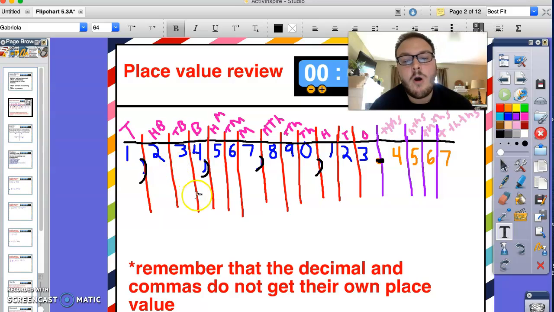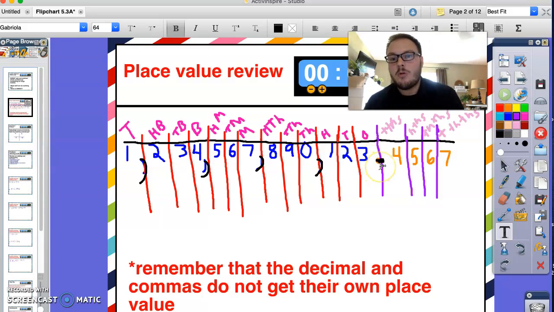So those are all the place values that we need to know so far to the left of the decimal. Numbers are obviously infinite, so it can go past trillions. There are numbers bigger than trillion out there, but those are all the ones to the left that we need to currently know. And now we're going to focus on the numbers to the right of the decimal.